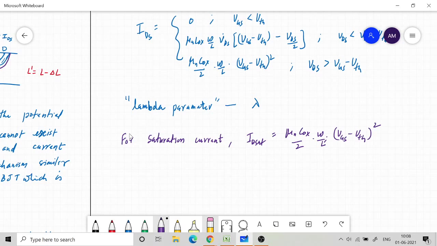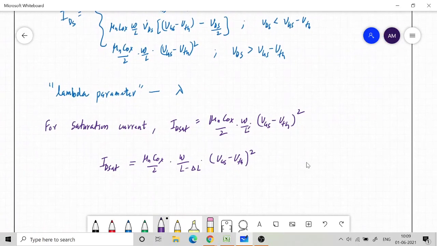So ID sat is equal to mu n Cox by 2, then W by L dash into VGS minus VTH the whole square, where L dash is L minus delta L. So this is going to be our more correct expression.